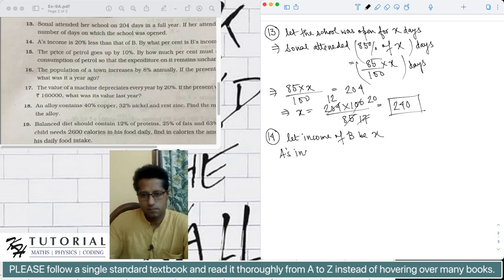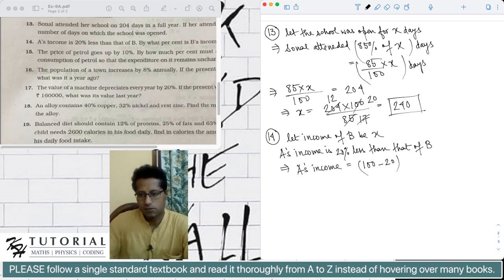It is given that A's income is 20% less than that of B. This means that A's income, 20% less, means A's income will be 100 minus 20% of B's income, which means of X, because we have assumed X to be the income of B. So this is equal to 80% of X, and this is equal to 80 by 100 multiplied by X. This is equal to 8X by 10.